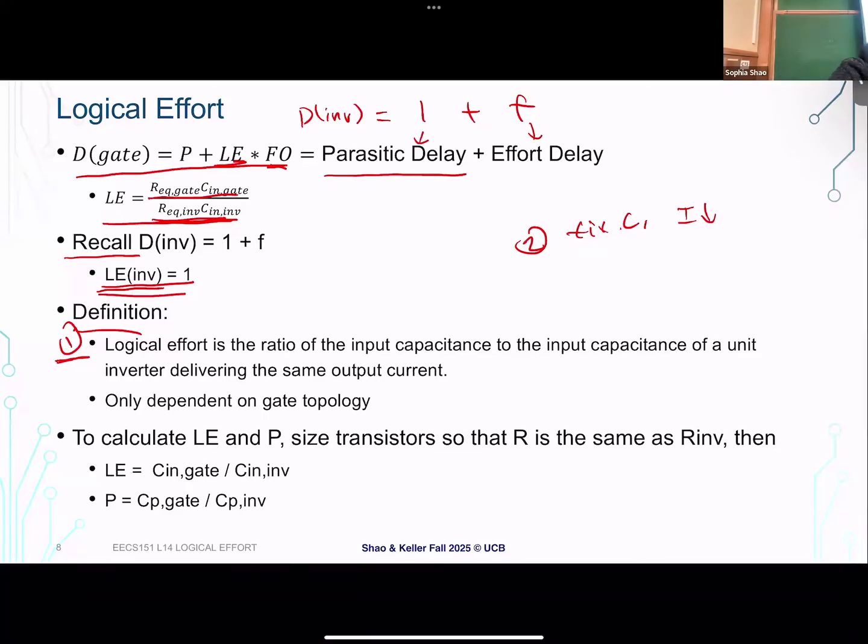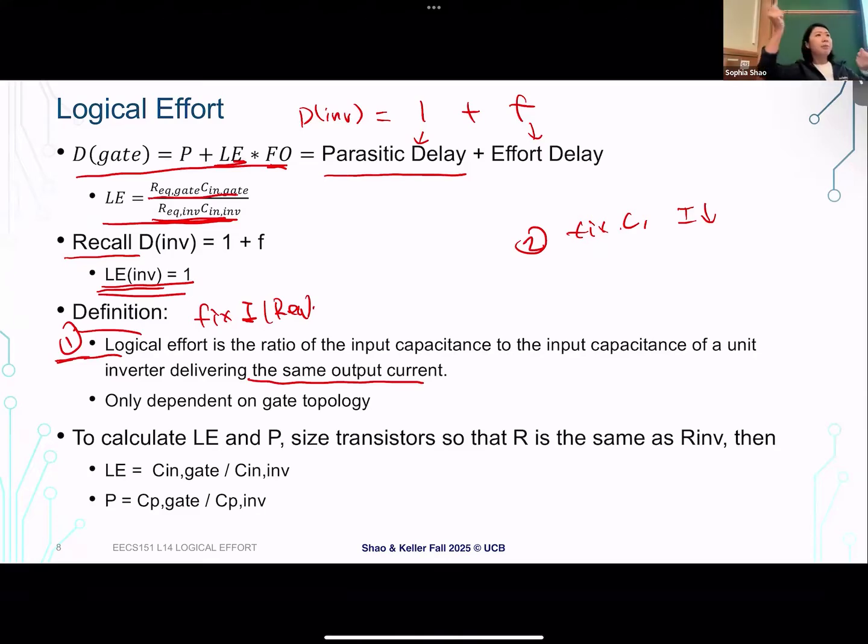In particular, we mentioned at a very high level, we basically want to fix the current, right? We want to deliver the same current compared to my unit-sized inverter, right? So with the same current, we need to have the same resistance, right? With the same resistance, we need to manipulate the widths of my transistors, because something is connected in series now, right?